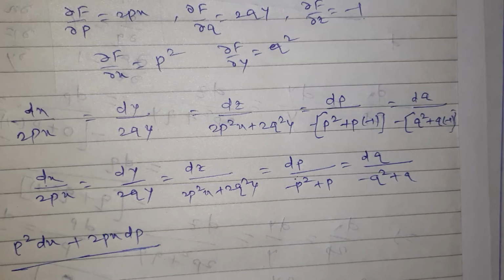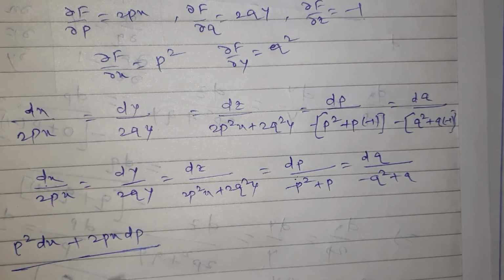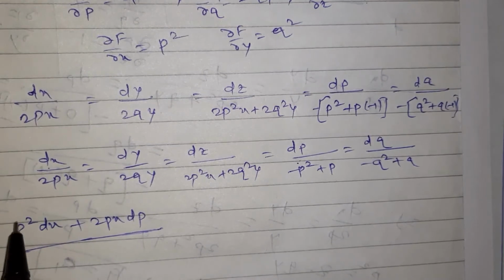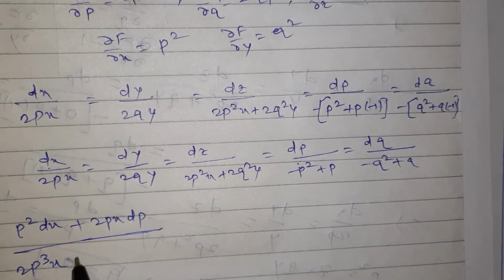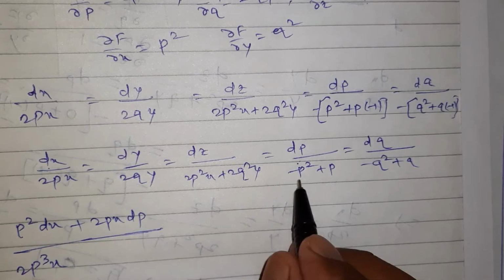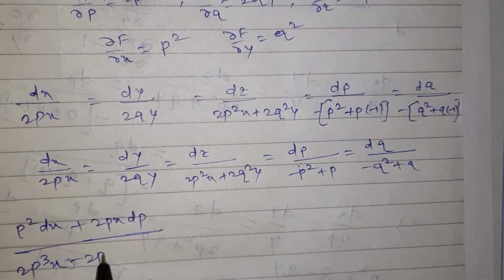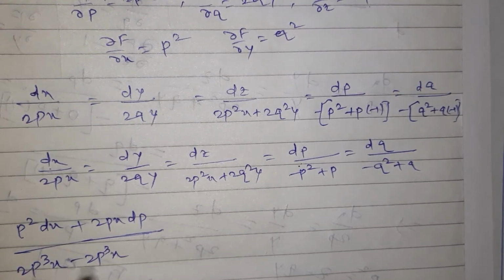Now you may think why I multiply by 2px? I will tell you here. At the denominator, you will get the term. I have multiplied by p square, so what I get here? 2p cube x. Understood? Plus 2px, I multiply it by 2px, so what I get? Minus 2p cube x. See, this term gets cancelled.